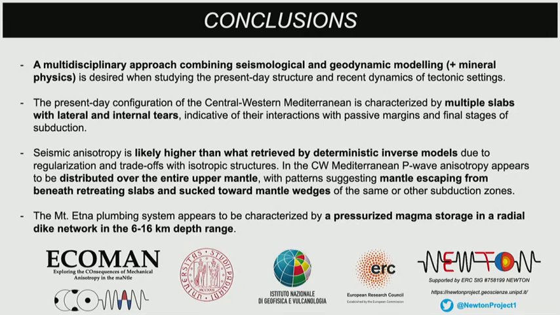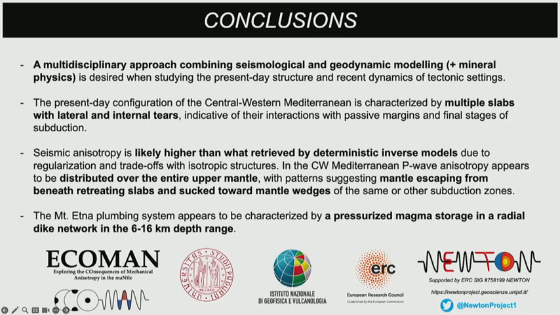Yeah, one reason could be that my models are not entirely correct, and this might be true. The other reason might be that, you know, with the regularization, we can underestimate the real amount of seismic anisotropy.